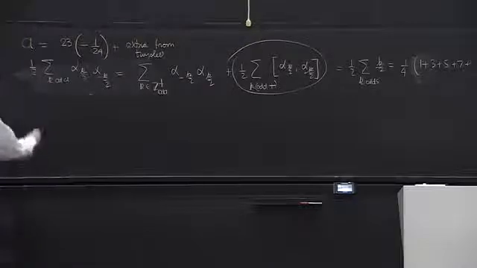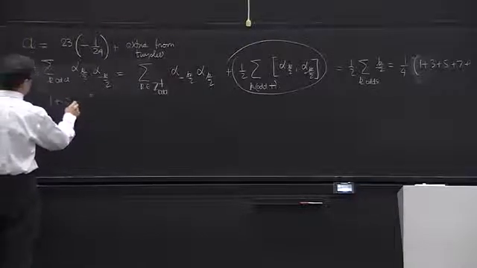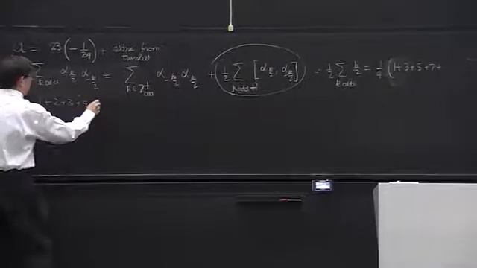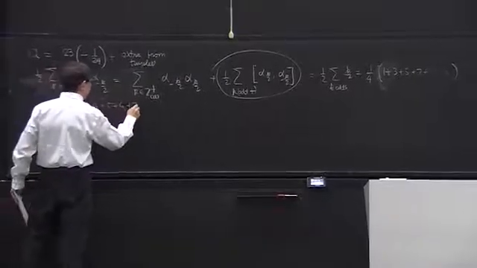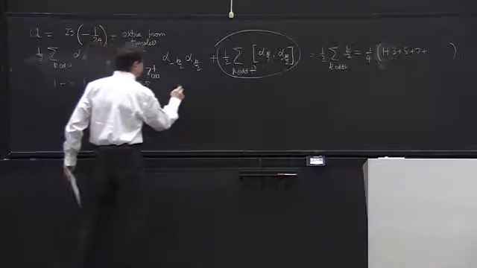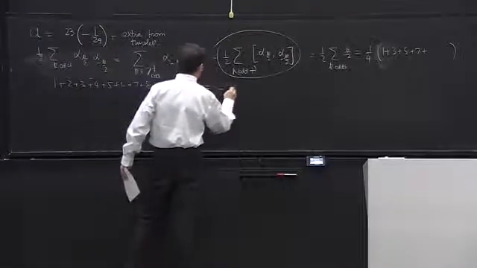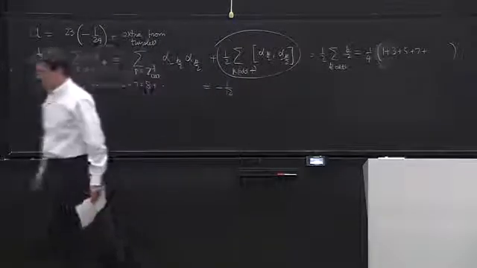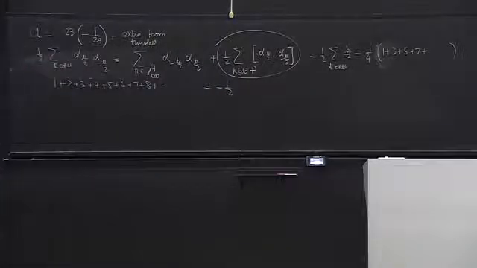Now, the sum 1 plus 2 plus 3 plus 4 plus 5 plus 6 plus 7 plus 8 plus and so on is minus 1/12. We all agree on that.